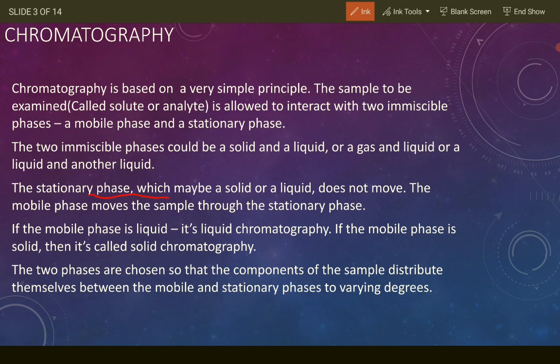The stationary phase, which may be solid or liquid, does not move, right? The stationary phase does not move, while the mobile phase moves the sample through the stationary phase, right? The mobile phase moves the molecules, while the stationary phase remains stationary.